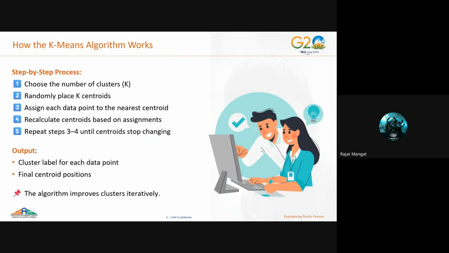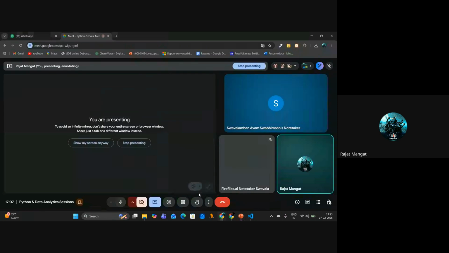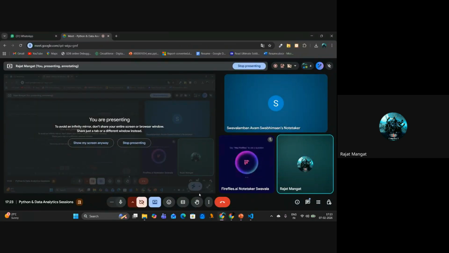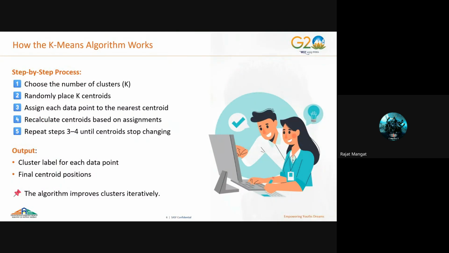How does the K-means algorithm really work? Let's see the step-by-step process. Choose the number of clusters first before implementing the algorithm. Then randomly place K centroids. K centroids are equal to the number of clusters that you have.